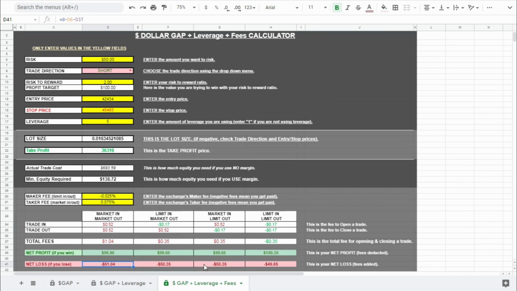Compared to the best scenario where we limit in and limit out, i.e. add liquidity, we don't lose the full $50 because we're getting paid 35 cents, so we only lose $49.65.